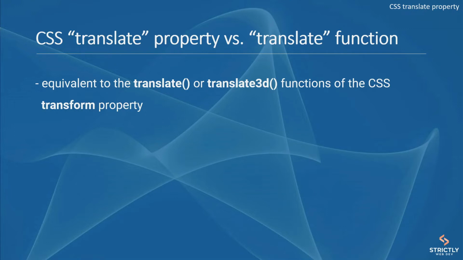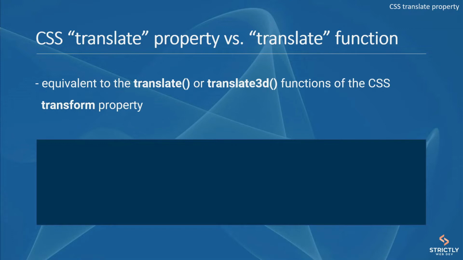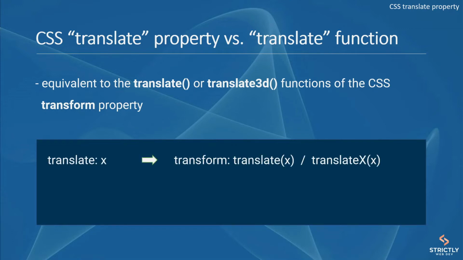But just to give you a nice little summary of the relationship between these. The translate property for horizontal-only translation is equivalent to the transform translate with one value, or it's also equivalent to translateX. So by X, of course, I mean the value for the horizontal offset.